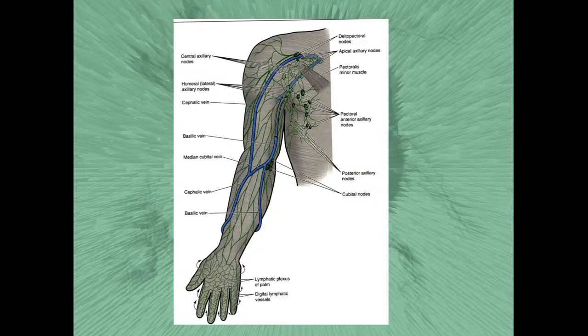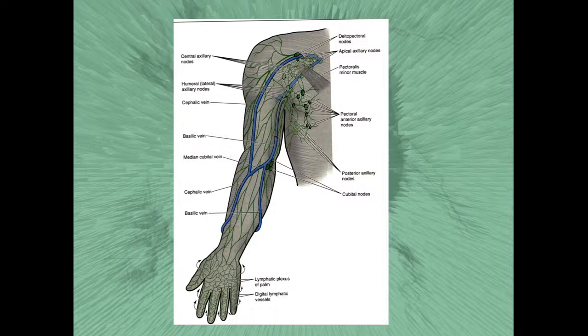located in the axillary cavity and represented by five groups of lymphatic nodes corresponding to the walls of the axillary cavity. What are the groups here? Pectoral group of the lymphatic nodes, then the humeral group, subscapular group, central group, and apical group of the lymphatic nodes.